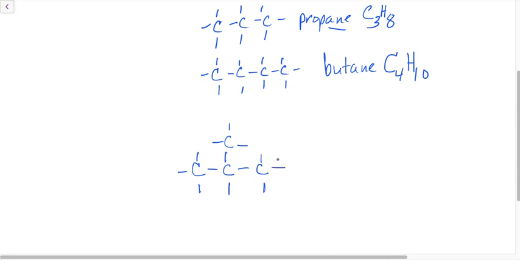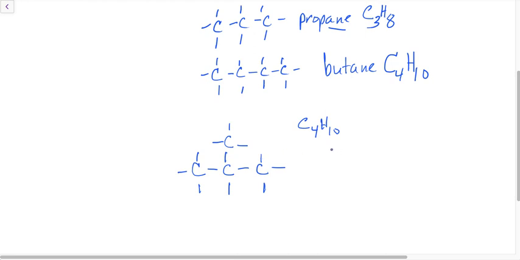So we've got 1, 2, 3, 4, C4, and 1, 2, 3, 4, 5, 6, 7, 8, 9, 10, H10. So C4H10 is 4 carbon atoms bonded this way, but C4H10 is also 4 carbon atoms bonded this way.